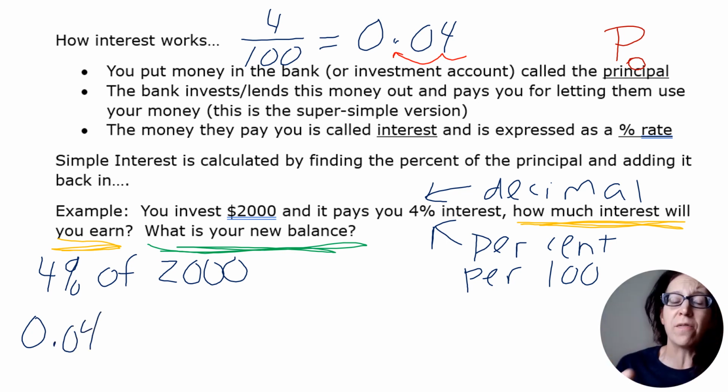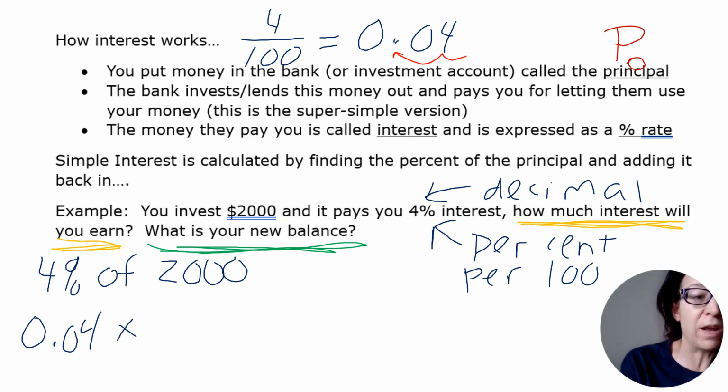Now, the word of in math can often be substituted with multiplication. So 4% of, or 1/2 of, or 2/5 of. You can use the word of to remind you to multiply.